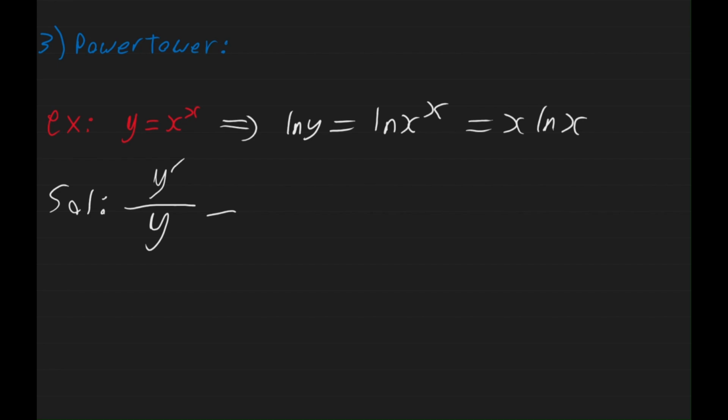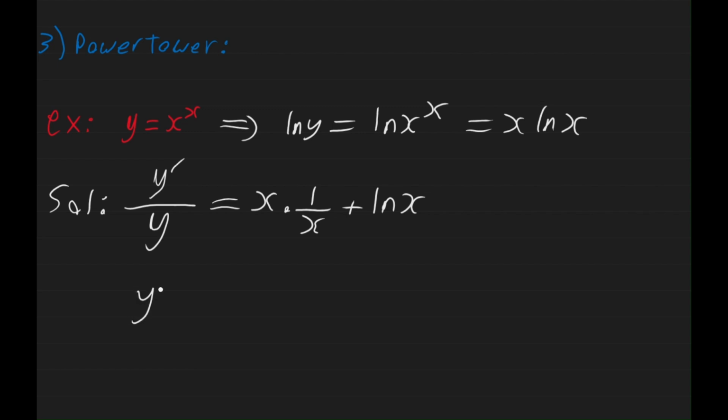Okay, equal x ln x, the first as it is, multiplied by the derivative of the second, plus the second multiplied by the derivative of the first, which is just x. Okay, are we going to leave it like this? No, we have to get y dash at a side alone.